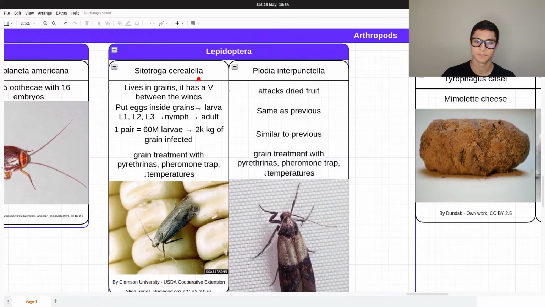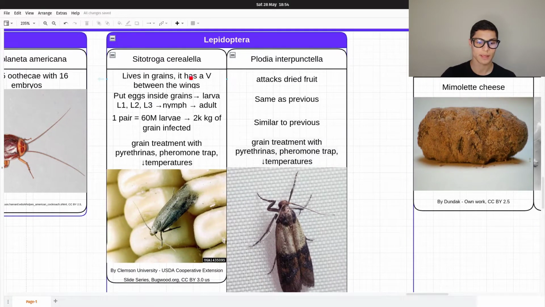Moving on, we have the Lepidoptera family, in which we have the Sitotroga cerealella and the Plodia interpunctella. This one lives in grains and it has a V between the wings.